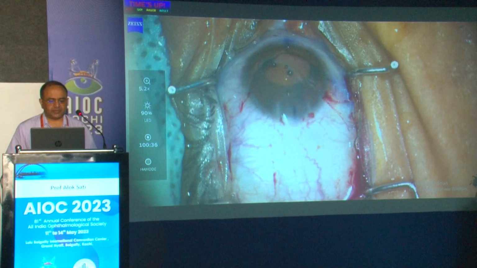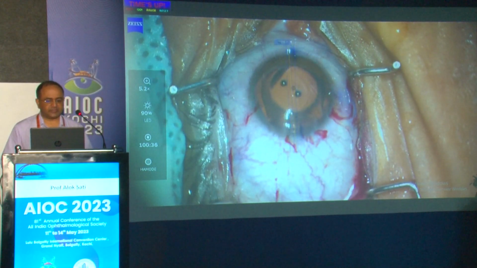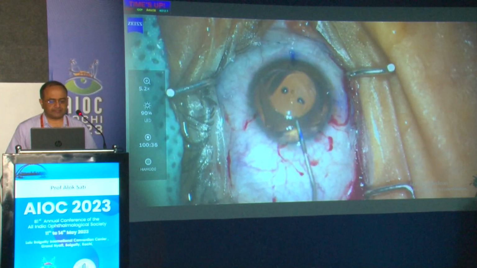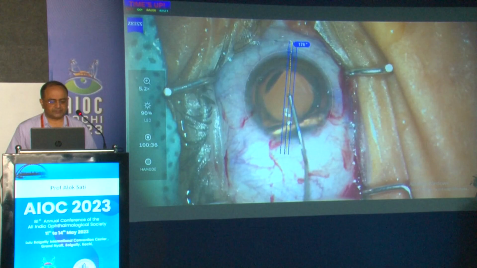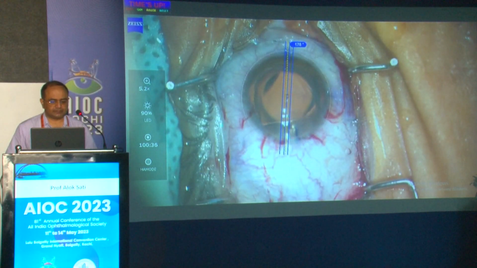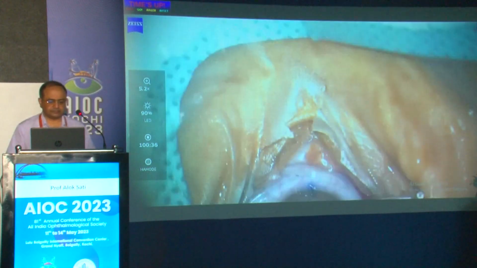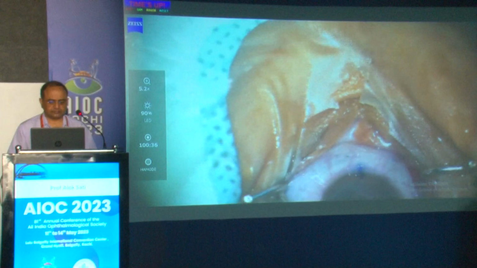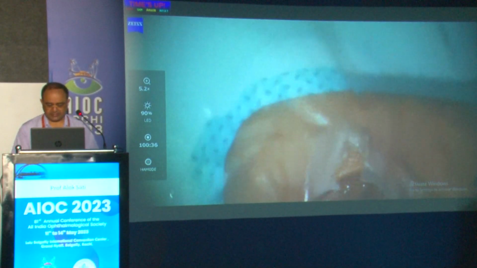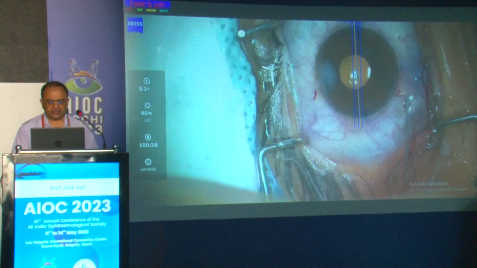And after that, you have to tuck in all these 4 haptics, taking the toricity into account. 178° is the axis where you have to place it, and finally we have placed everything.